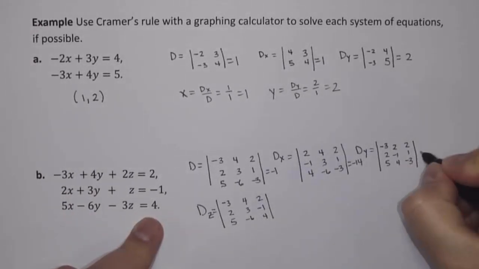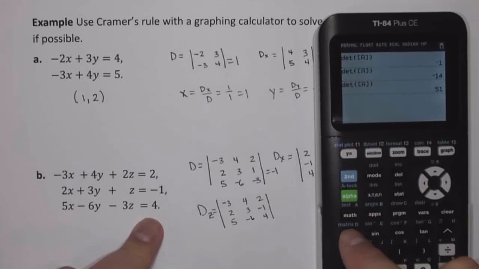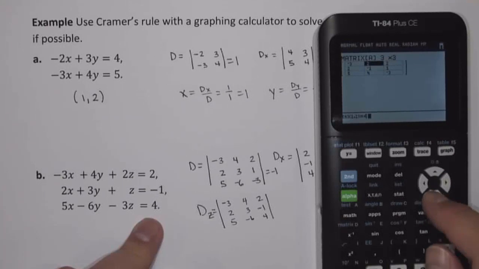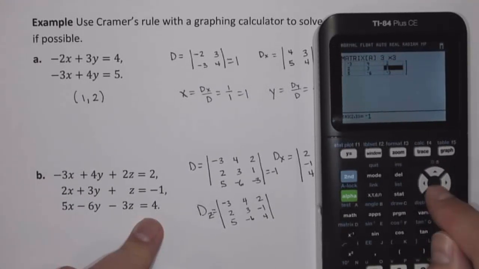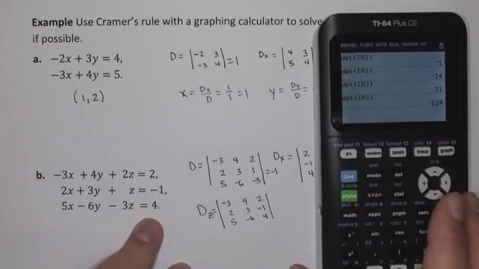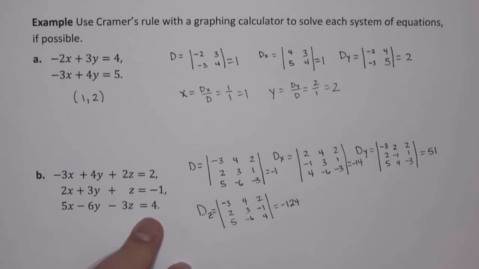So this is 51. And finally we need to do dz. So same process. I have the first column okay. The second column needs to be 4, 3, negative 6. And now the third column needs to be 2, negative 1, 4. Second quit. Second enter to pull back up, find the determinant of A, and that is negative 124. So this is negative 124.